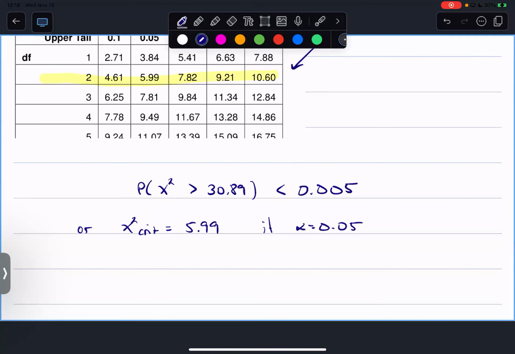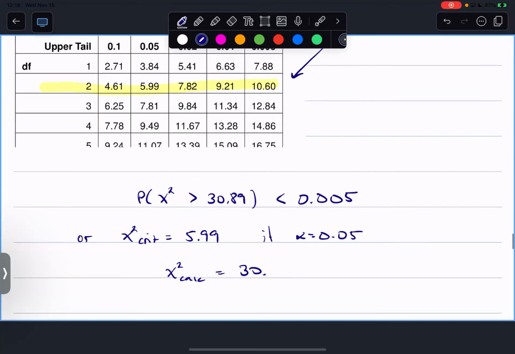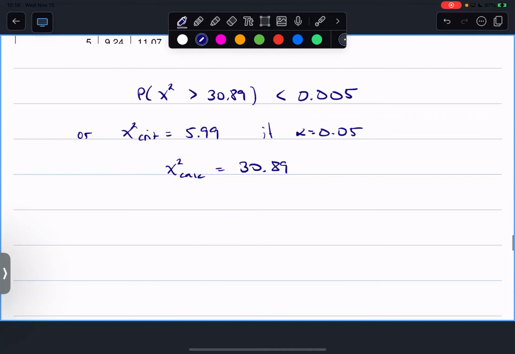Either way, chi-squared calculated of 30.89 is greater than the chi-squared critical of 5.99. So I'm going to reject H naught.